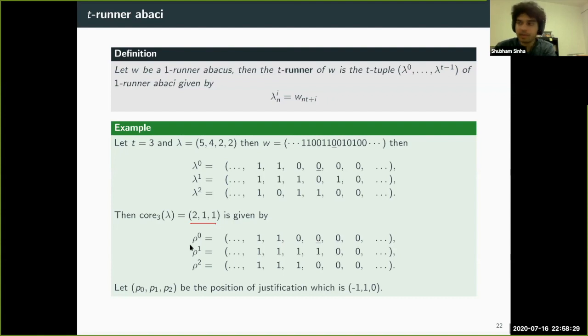Moreover, what's more interesting is that for the T cores, you forget about the internal structure of these T runners. It only remembers the position of justification for each row, and this position of justification can be noted as these pi's, which I described earlier. These pi's contain all the information to describe the core, where the sum of these pi should be 0.